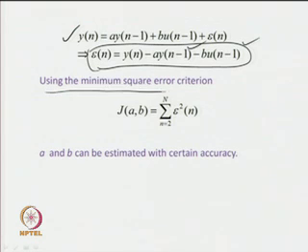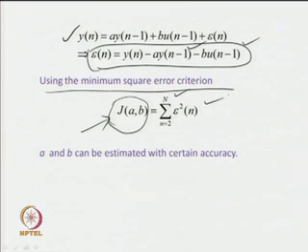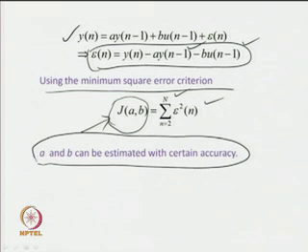Then using the minimum square error criterion, it is possible to optimize the performance index J, which is defined as J is equal to sum of n from 2 to N epsilon square n. Now, this optimization can give A and B with certain accuracy. This is how one can get better values of A and B with less estimation errors.